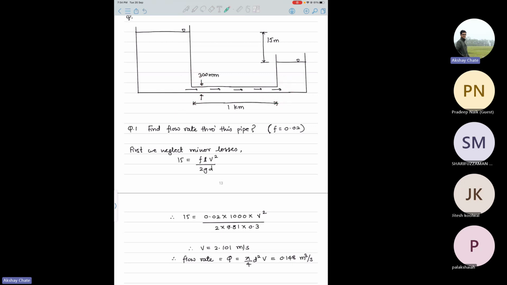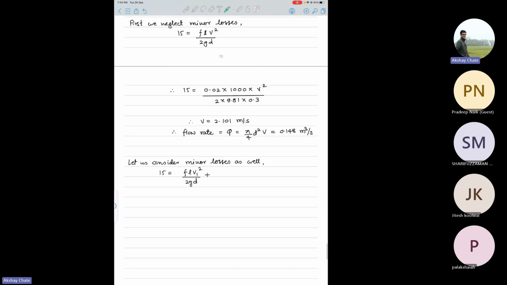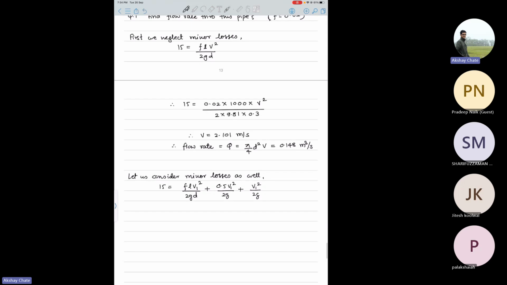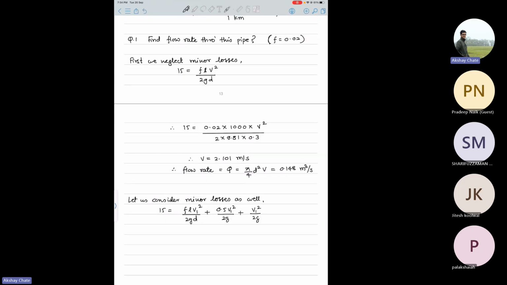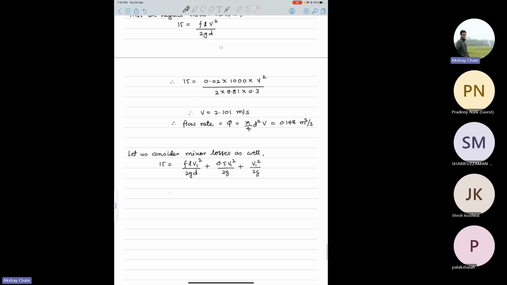Other than that, there are no losses, right? Entrance loss will be 0.5 V1²/2g, and exit loss will be V1²/2g because V2 is 0, it is going into a reservoir, so there will be zero velocity there. So basically, if you take V1²/2g common, you will have fL/D plus 1.5.